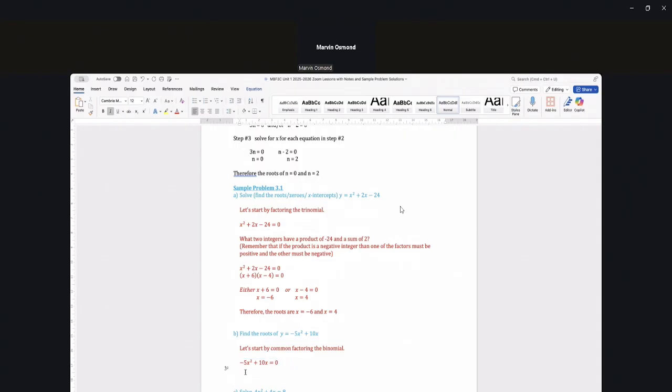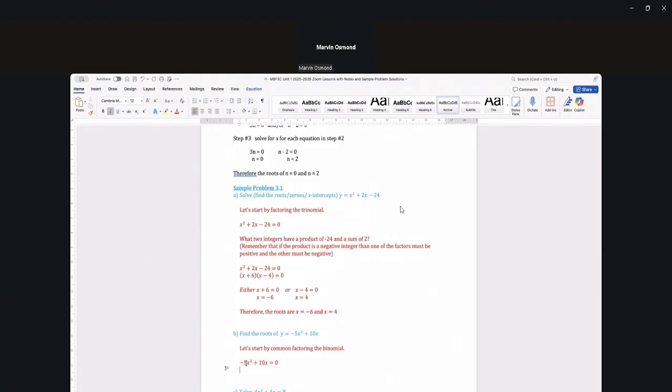Now, if we look at the coefficients, the numbers in front of the variables, x squared and x, we have negative 5 and a positive 10. Now, we need to know our multiplication tables for this. What will divide into 5 and divide into 10?